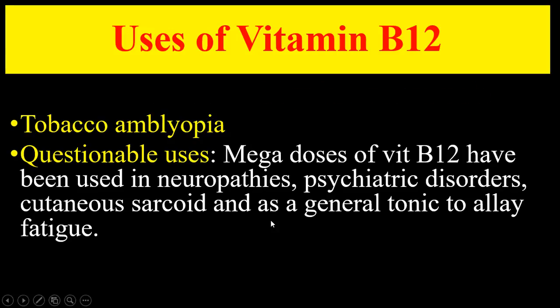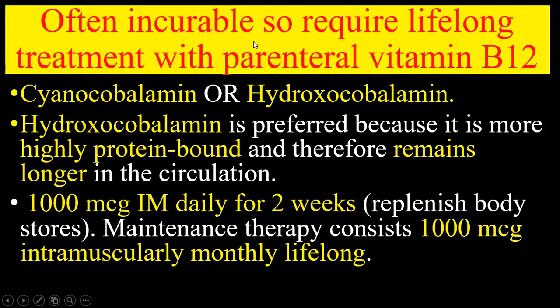So it is a questionable use, and it is often incurable, as it is mostly due to pernicious anemia, or maybe due to gastrectomy or ileal resection, malabsorption syndrome. So these are most of the time unrecoverable or incurable conditions. So we require lifelong treatment with parenteral vitamin B12 in the form of either cyanocobalamin or hydroxycobalamin.